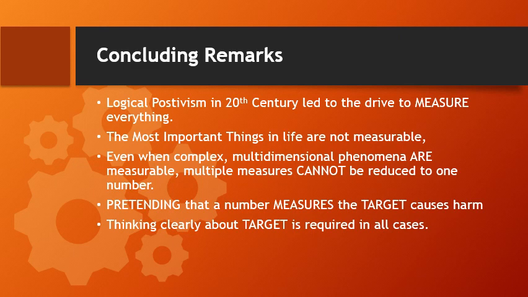So the idea of reducing everything to a single number is ridiculous, and it causes a lot of harm. The basic harm is caused by thinking that something can be measured by a number, like the idea that we can assign a number to a college that measures its performance. This is the real source of all difficulty.